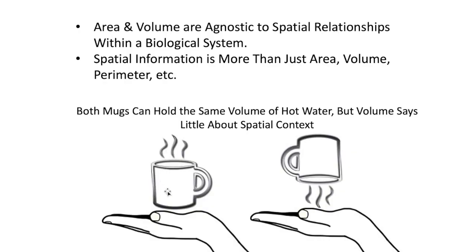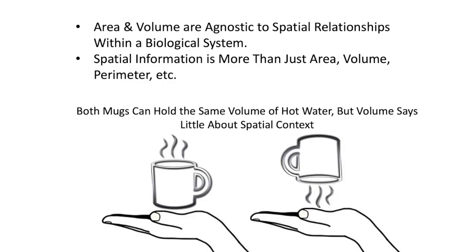As an example, both of these mugs are identical because I just duplicated the image and rotated one upside down. If you measure volume, volume tells you that both mugs are the same. But volume cannot tell you which hand is about to be burned with hot water. Spatial information is more than just volume.